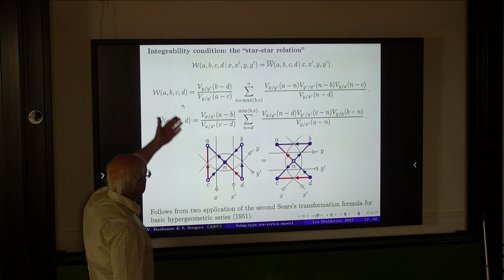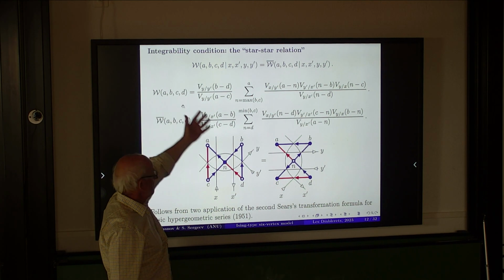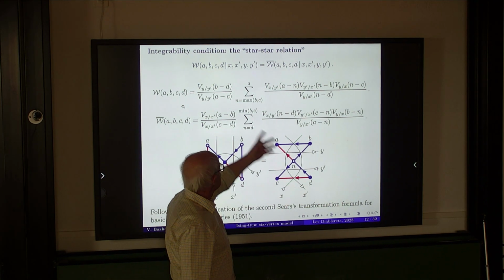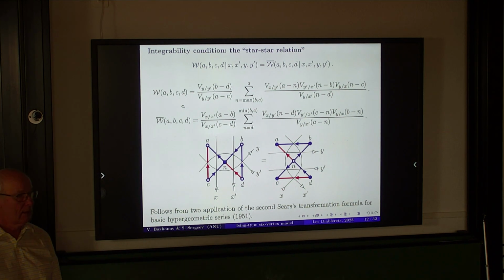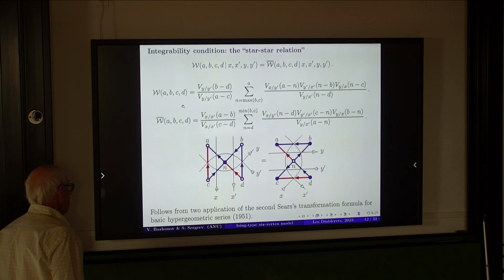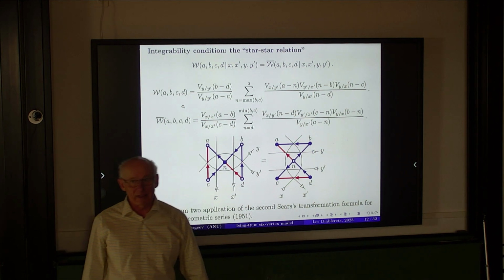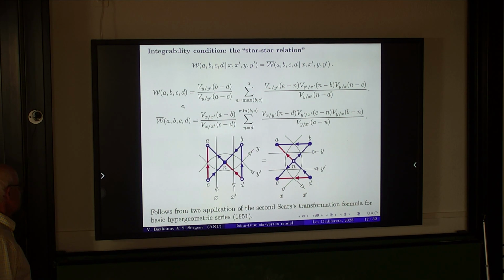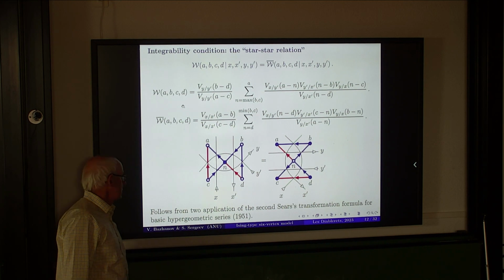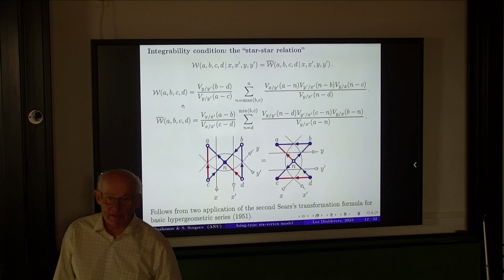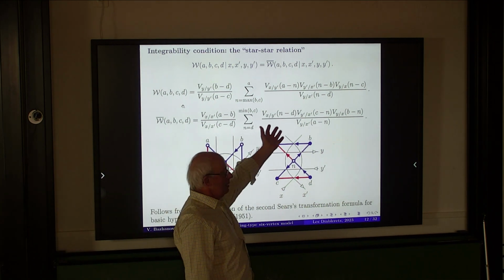So if you take this picture, which is given here, you can verify that it is the same. How do you prove it? It's not trivial. But fortunately, it has been done by Sears for us. It follows from two Sears transformations for the corresponding phi.